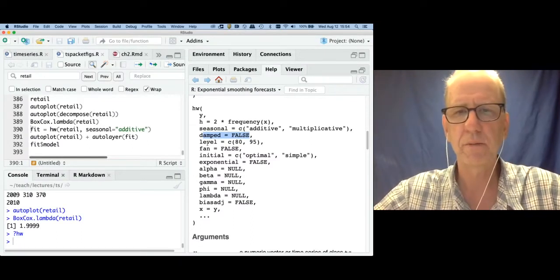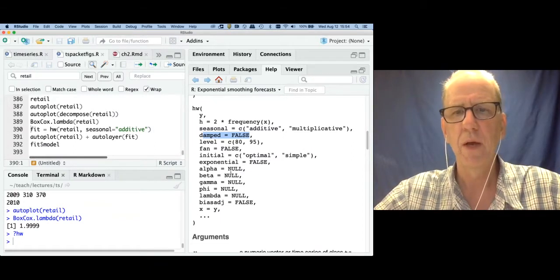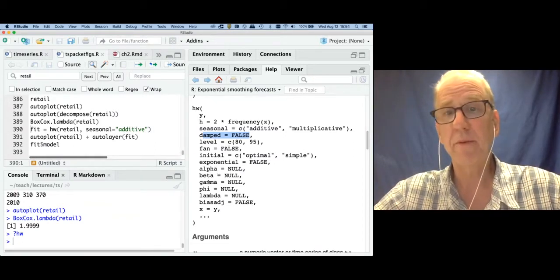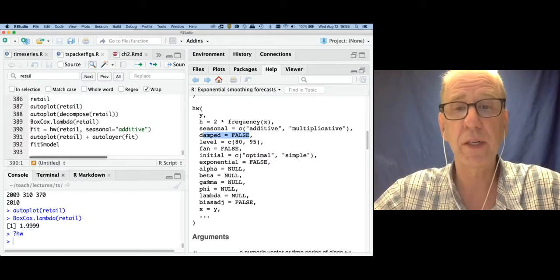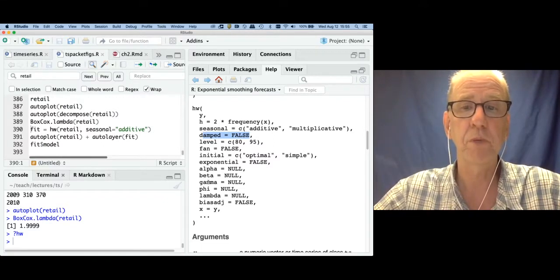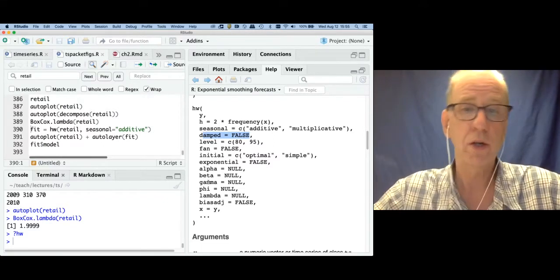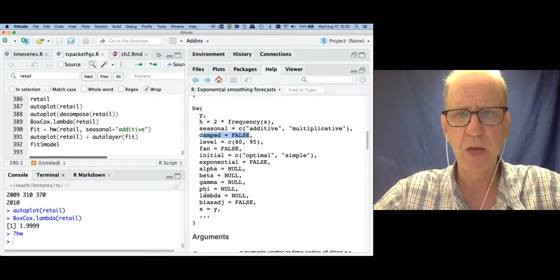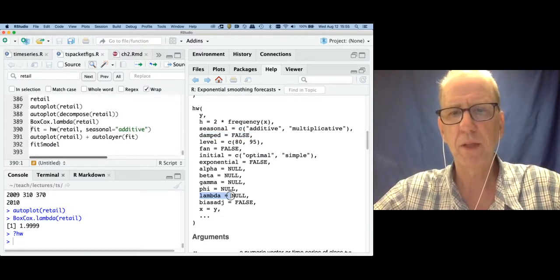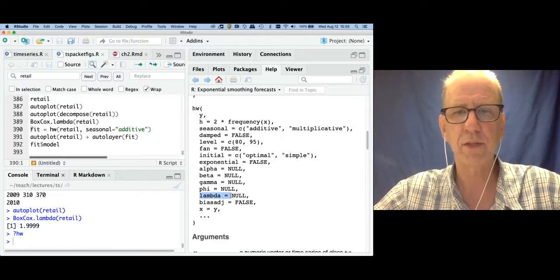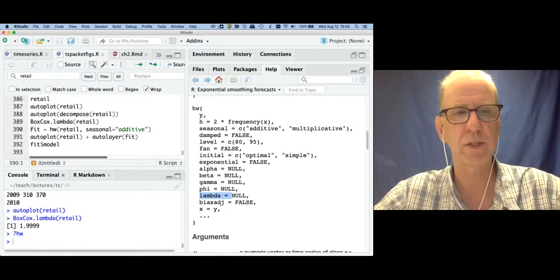Level gives me my prediction intervals that are going to be forecast out. Then we have alpha, beta, and gamma values, which I can specify if I want to give it the smoothing parameters. If I don't give them those, R just estimates them automatically. Phi is the dampening parameter. Lambda is whether we do our Box-Cox transformation, and then bias adjustment tells whether or not to give the median or the mean when we make forecasts.